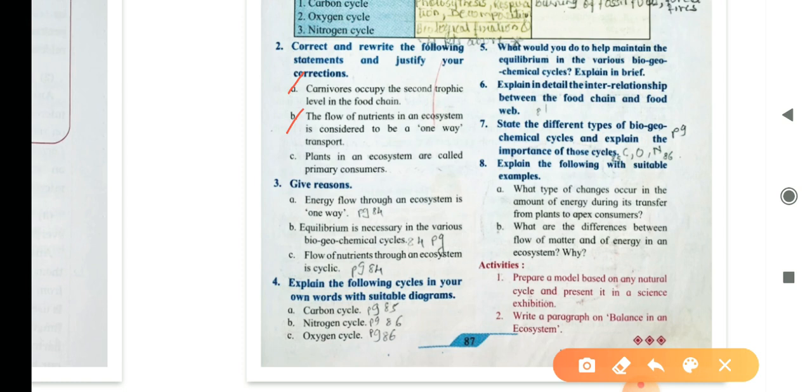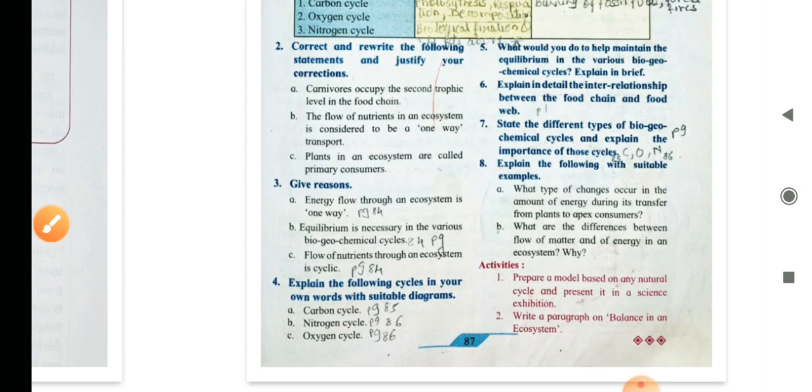So instead of one way, you have to write cyclic. Next, C. Plants in an ecosystem are called primary consumers. False. Plants are autotrophs, as you know. They produce their own food by the process of photosynthesis. All animals in an ecosystem directly or indirectly depend on plants for their food. So plants are autotrophs.